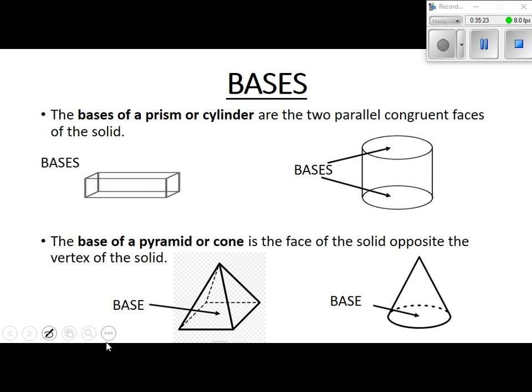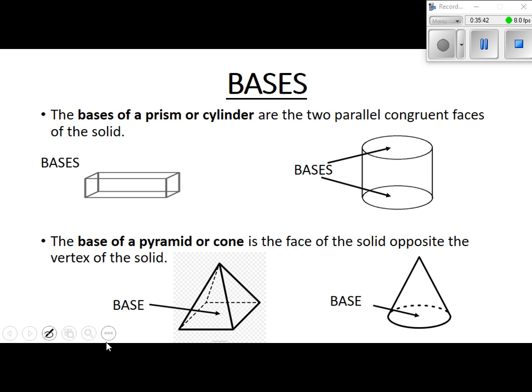The arrows aren't really pointing anywhere. This could be the base, those two are the bases, could be these two ends, could be the front and the back, doesn't make any difference.